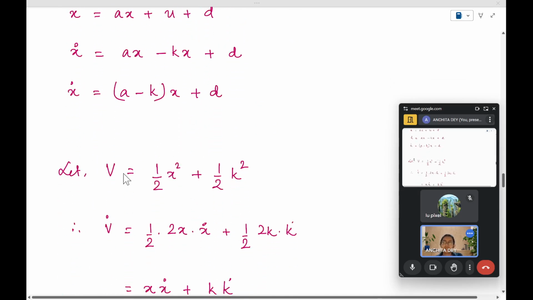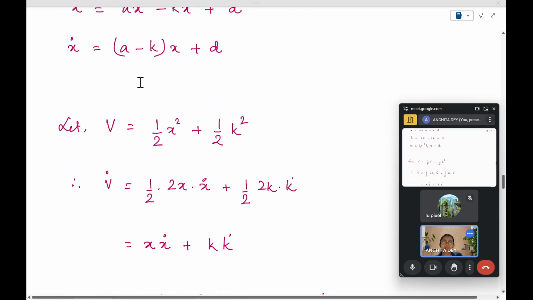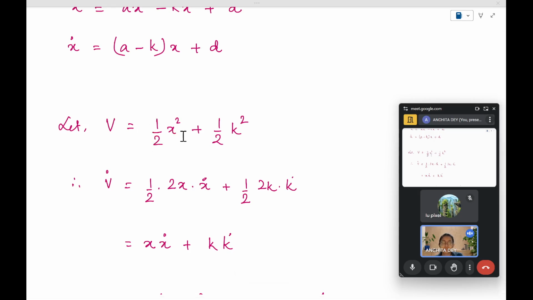So let us first consider a Lyapunov function V, and since we have to design a law for k as well, if you can see here we have k dot equal to something. That means you are designing how k is going to vary. So let's say that V is equal to half x square plus half k square. Why k square?